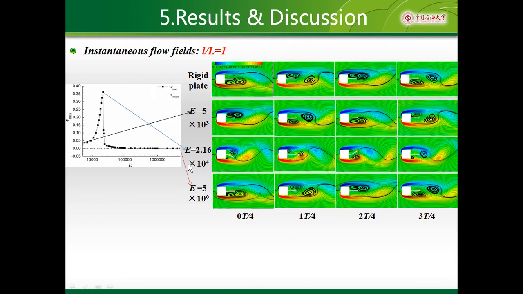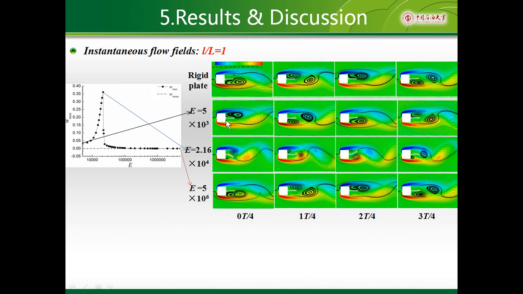As shown in the third row of the figure, in the lock-in region, the vortex is shed into the wake in advance before it grows up, due to the large-scale oscillation of the flexible plate.